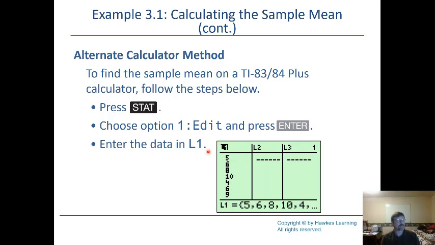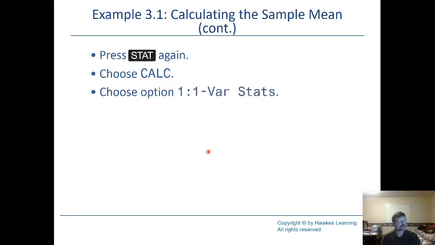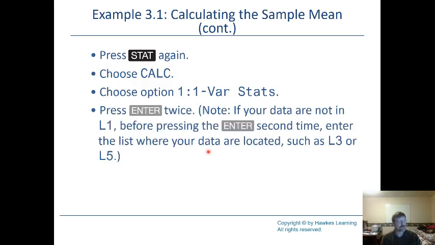Okay, that's right. I enter the data, press stat again. It pulls up that display, not that you can probably see that. Choose calc. Choose option 1, var stats. Press enter twice. I get the solution when I hit enter once.